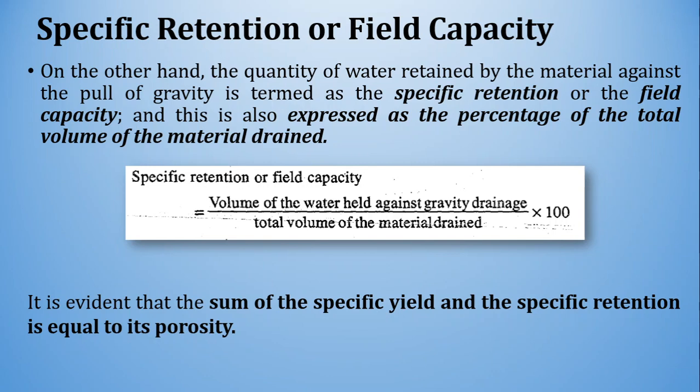So specific retention or field capacity is equal to volume of water held against gravity drainage divided by total volume of the material drained multiplied by 100. It is evident that the sum of the specific yield and the specific retention is equal to its porosity.